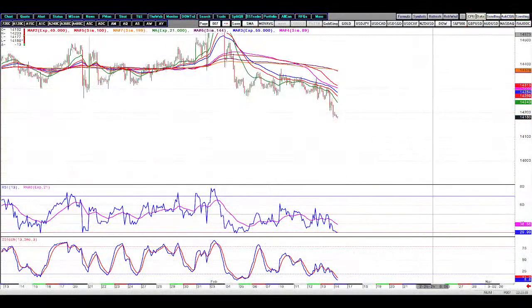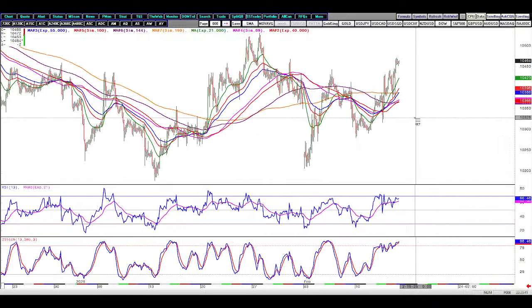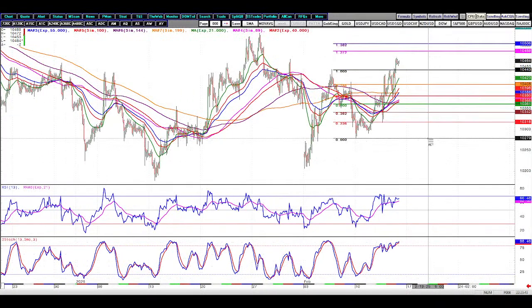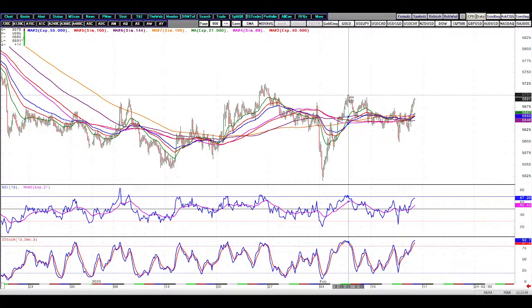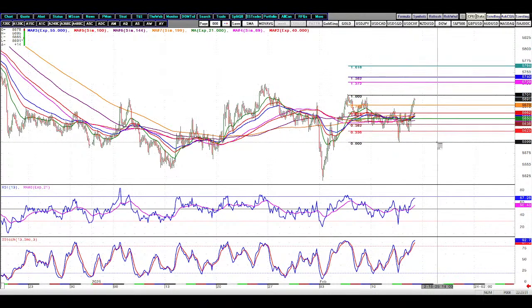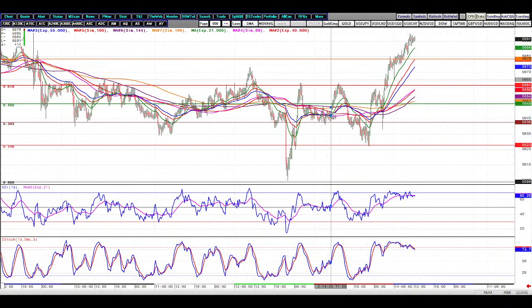Okay, so when we look into the chart, okay, this is 57 and 57.40. Okay, 57.40 should be the level.